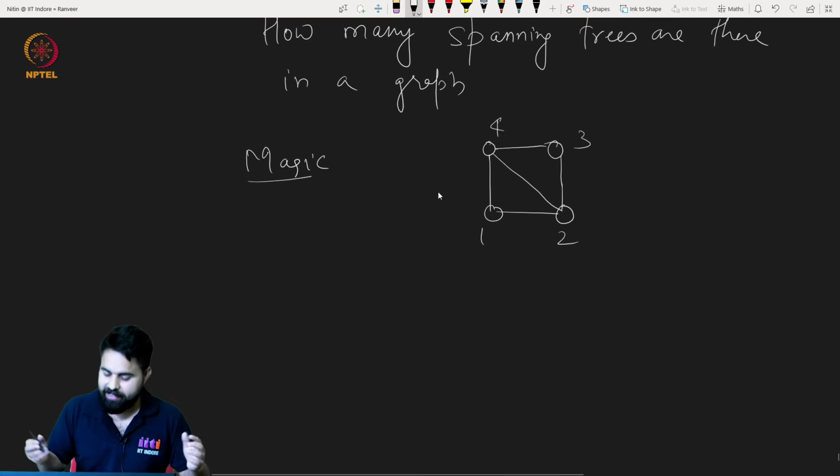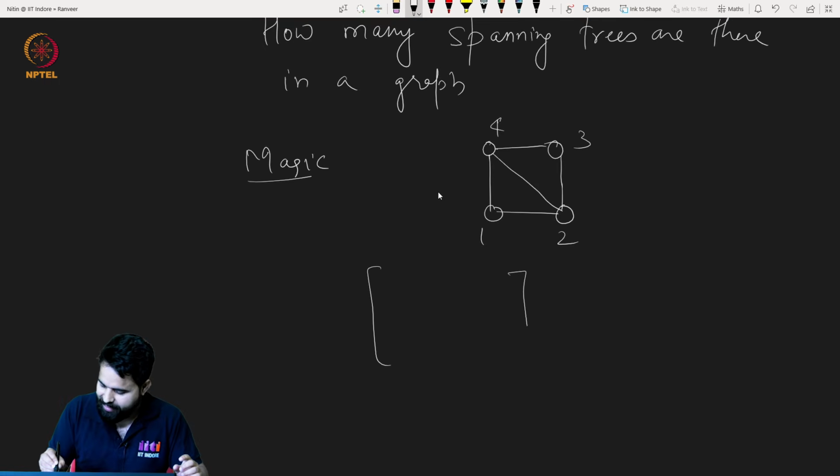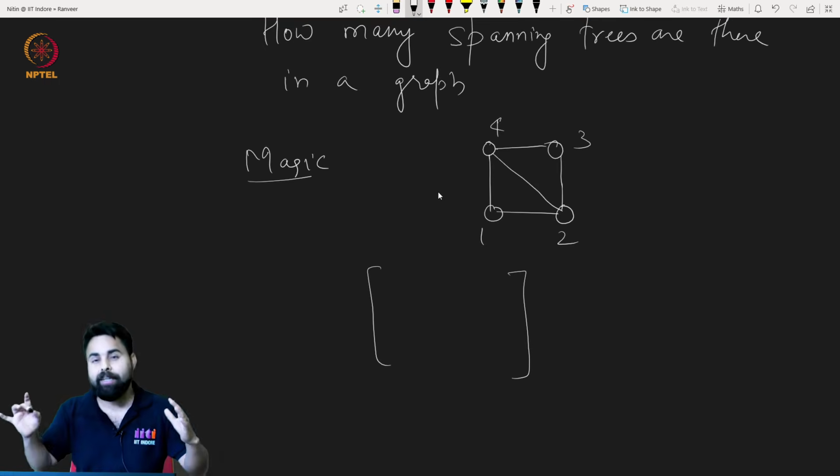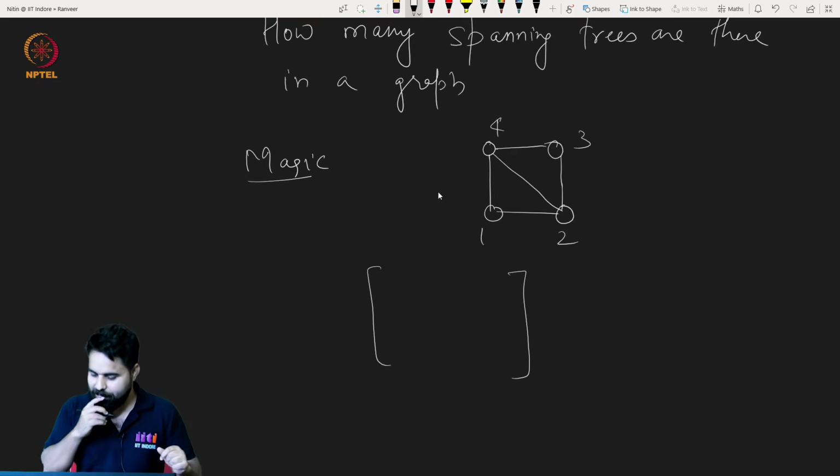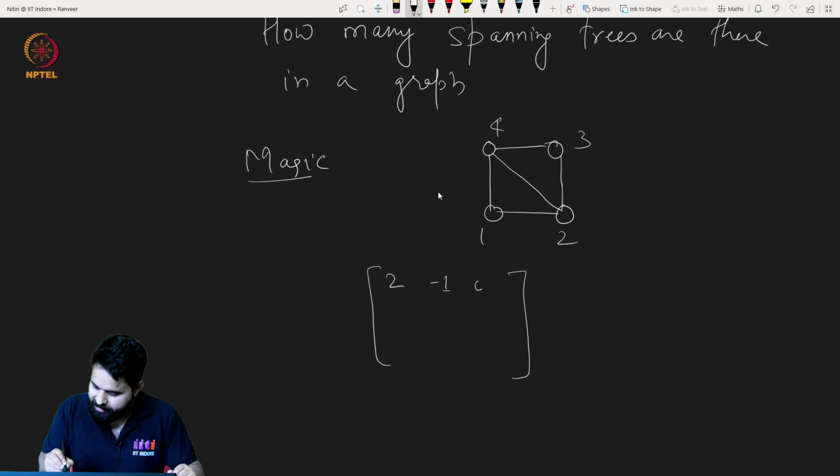And let me first write a matrix. Please keep on thinking how I'm drawing this matrix. So 2, then minus 1, then 0, then minus 1. Then I will do the same thing here: minus 1, then 3, minus 1, minus 1.